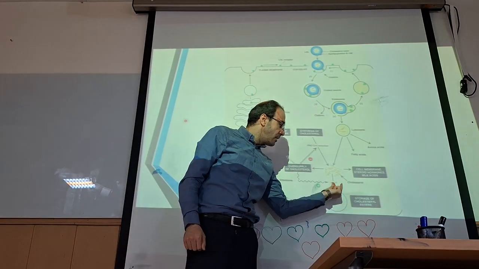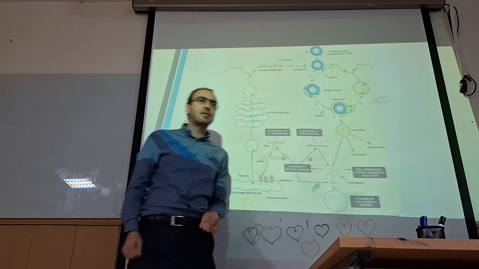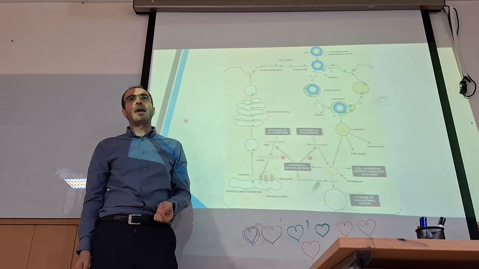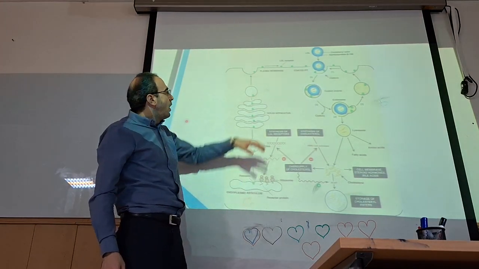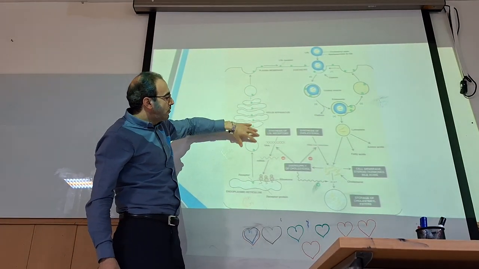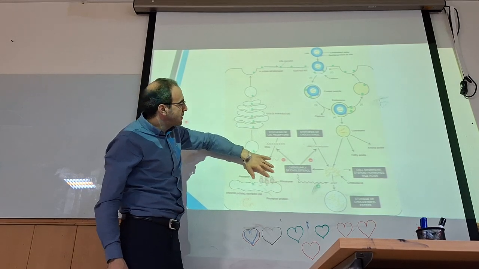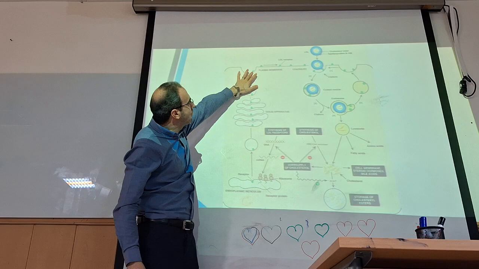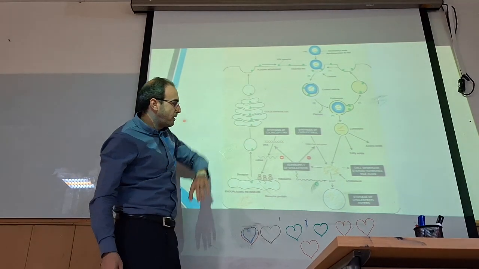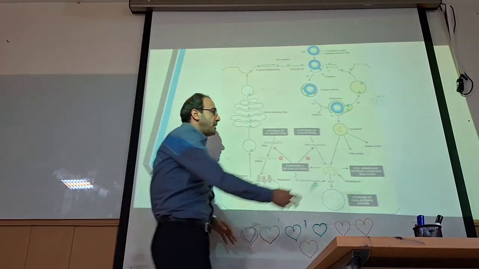And then it can be esterified inside cells. Okay. Here also there is a gene for producing the receptor, which leads to the location of the receptor on the cell surface.